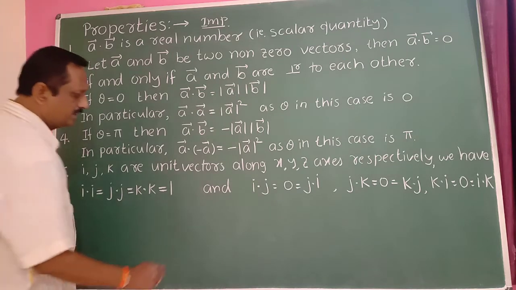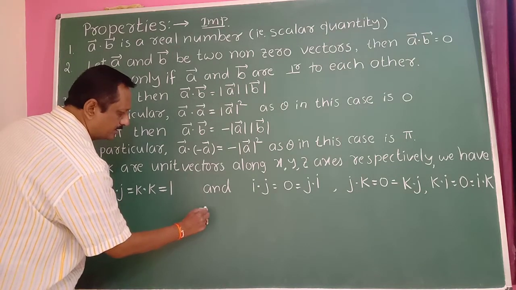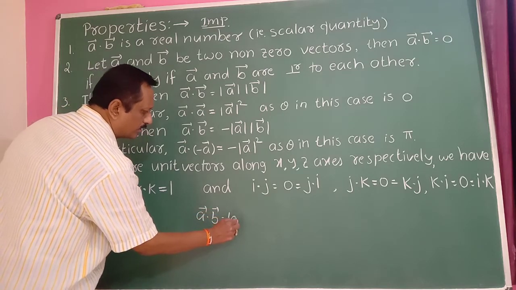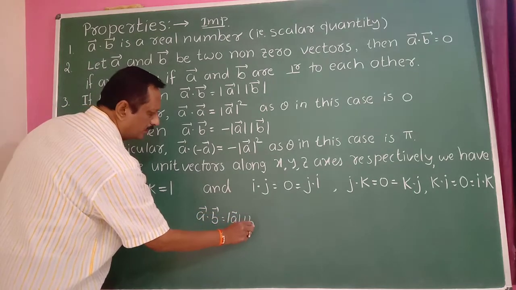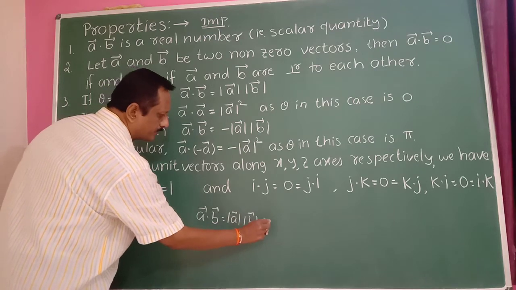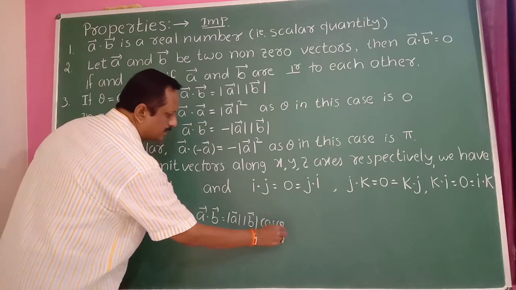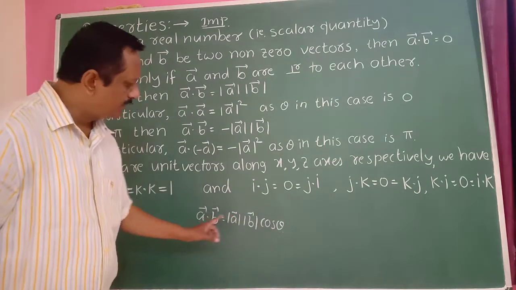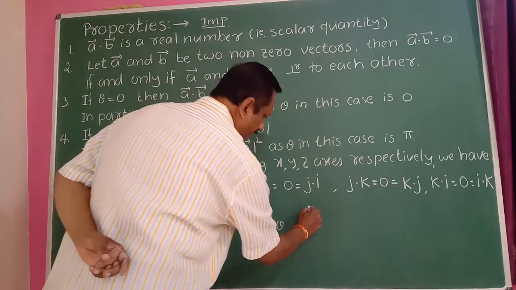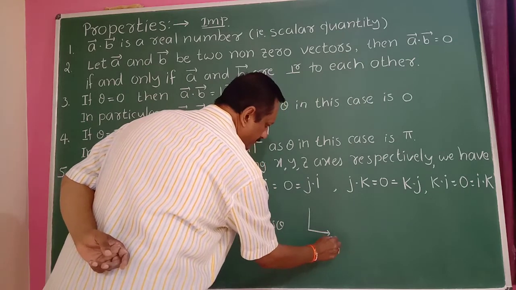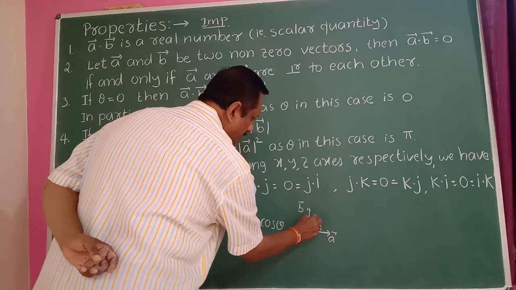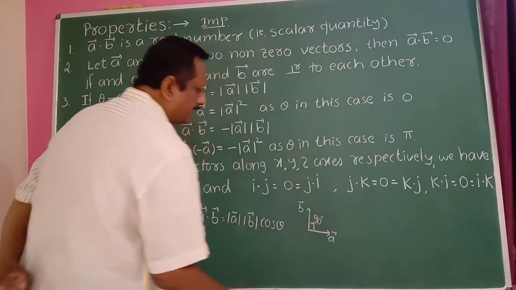Because you know the definition, according to the definition, a bar dot b bar is equal to modulus of a bar into modulus of b bar into cos of theta. Theta is the angle between the vectors a bar and b bar. If a bar and b bar are perpendicular to each other, then this angle is 90 degrees.